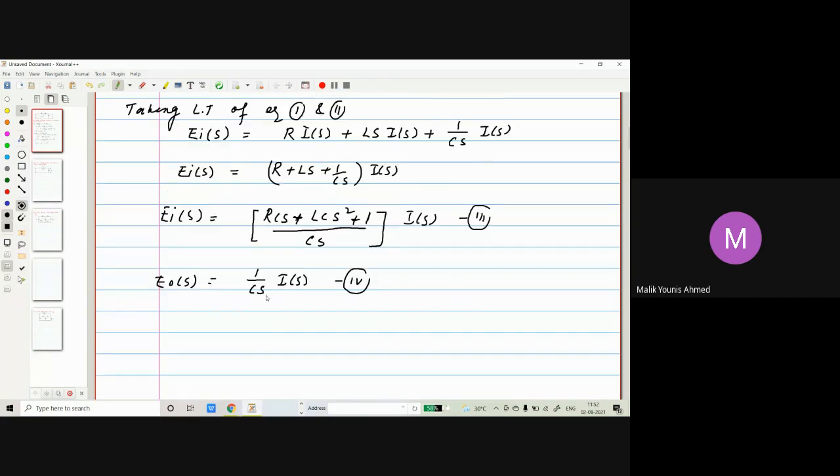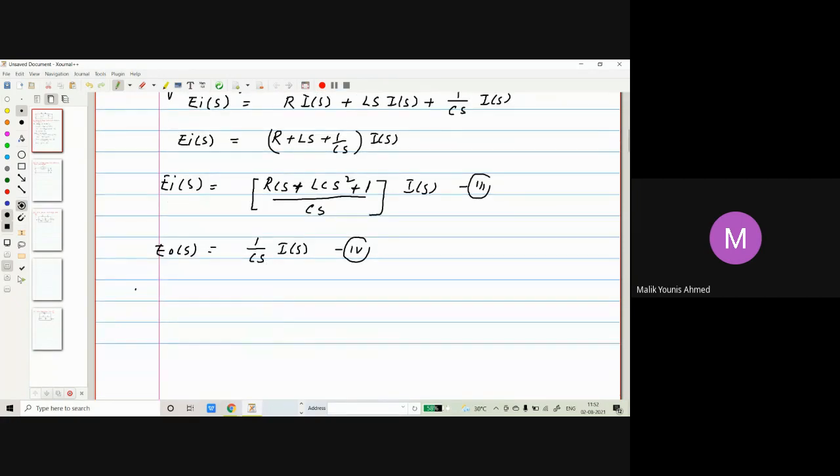Dividing fourth by third, the Cs goes up, multiplied by I of s, and Cs and Cs get cancelled.